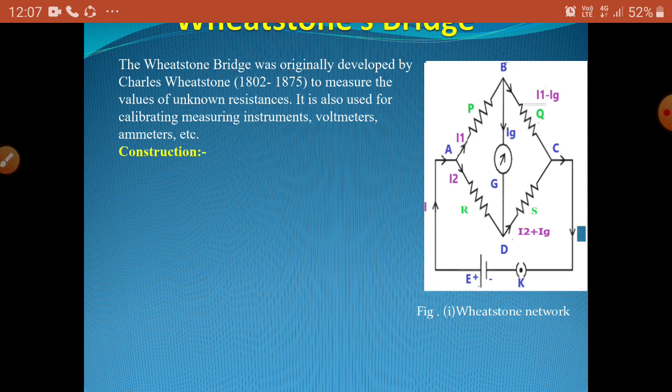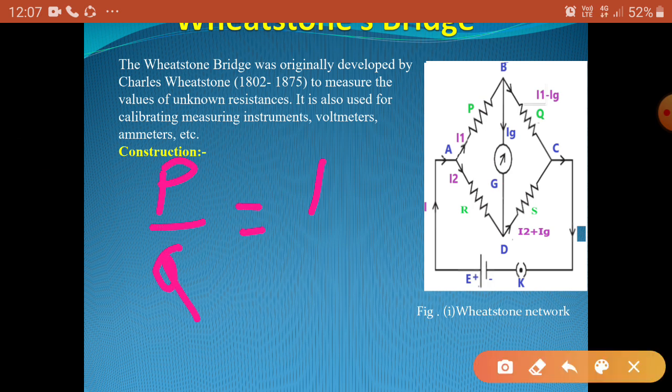On the basis of this principle, the balancing condition for this network is P upon Q is equal to R upon S. P is the first resistance, Q is the second resistance, R and S are the third and fourth resistances.